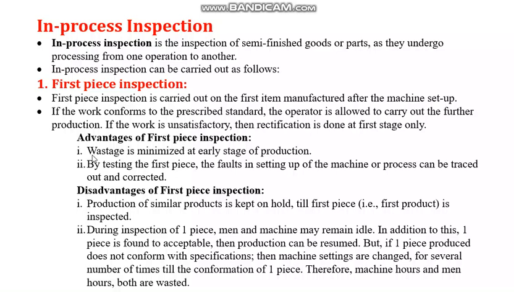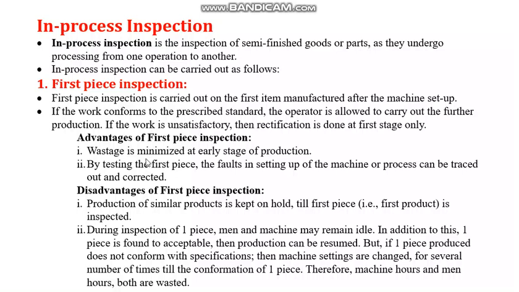You have to correct. Now there are certain advantages and certain disadvantages of this first piece inspection. What are the advantages? Without the first piece inspection, you keep on manufacturing, and later on you realize that all the things you have made are wrong.